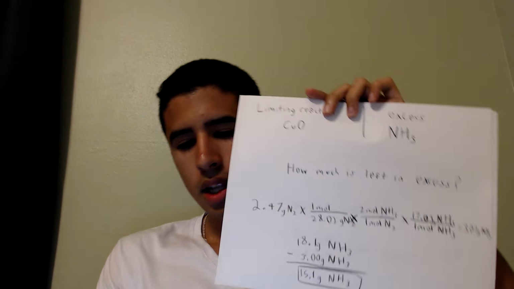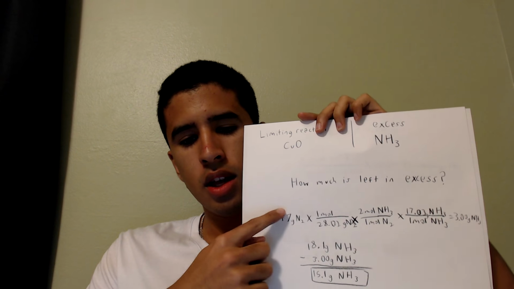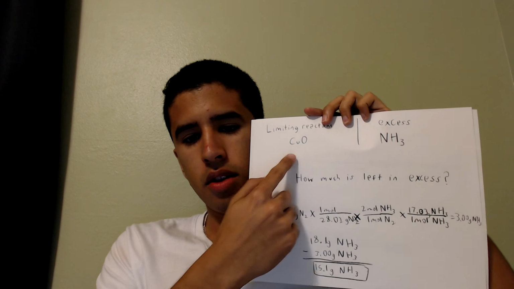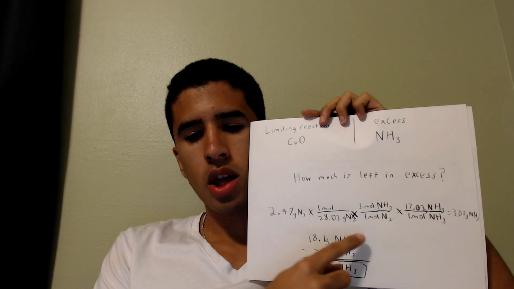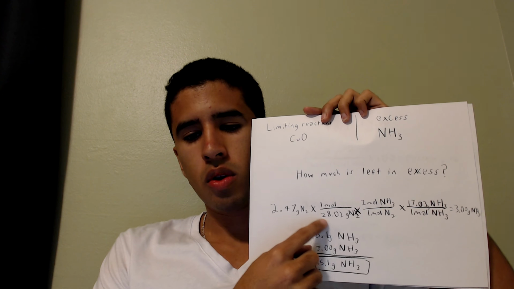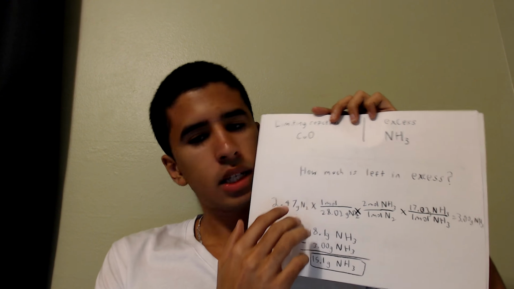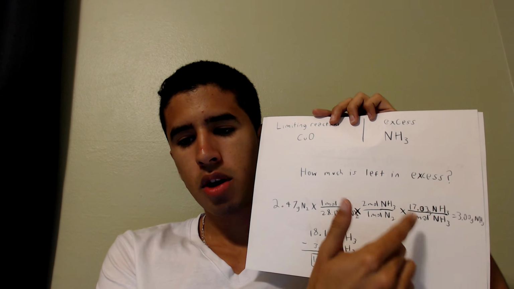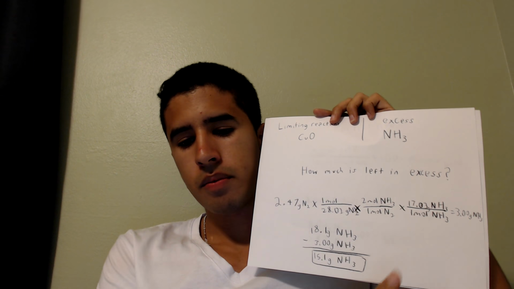So you would also have to find how much excess there is in total. What you would do is work backwards. You would take 2.47 grams, the amount of the limiting reactant, and work backwards through the 28.02 grams of N2, which is the molar mass of N2, to get 3.0 grams of NH3.